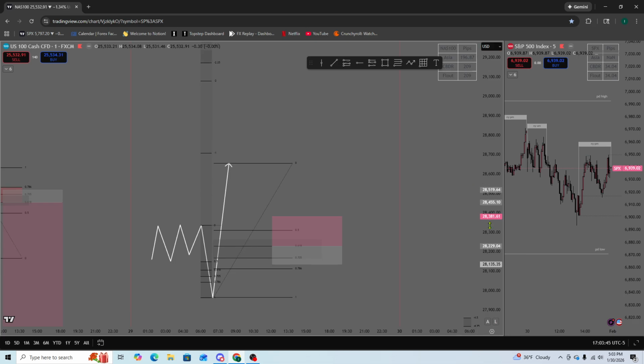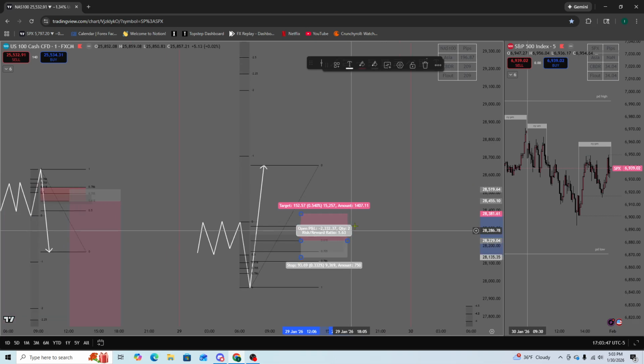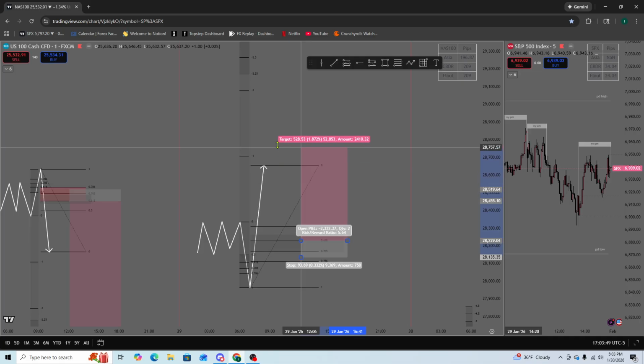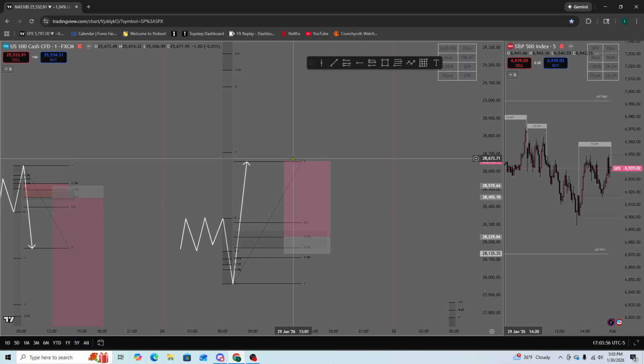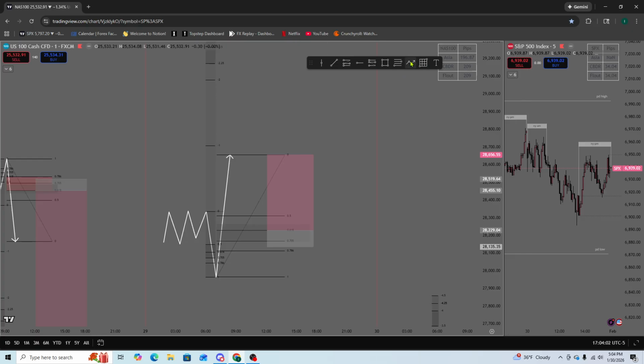All right. At the end of the day, the one RR that it takes off is not going to be the end of the world, right? If you target the zero level in the OTE, which is going to be the high of this leg, because obviously the leg is going to start reversing here, it's going to tap into your OTE and then go up, right?